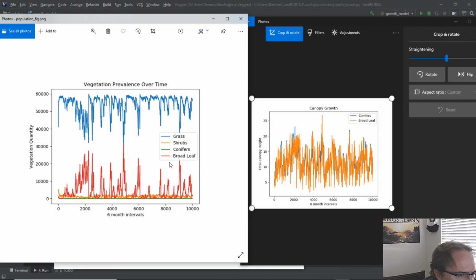You can see there is a correspondence between canopy height and the ability of our trees to resist grazers.